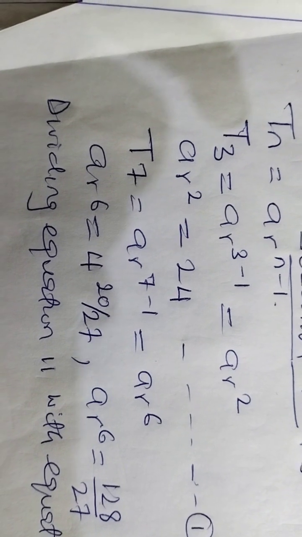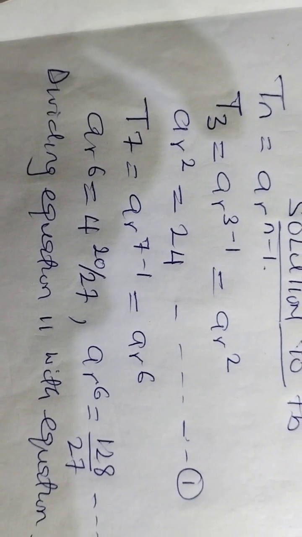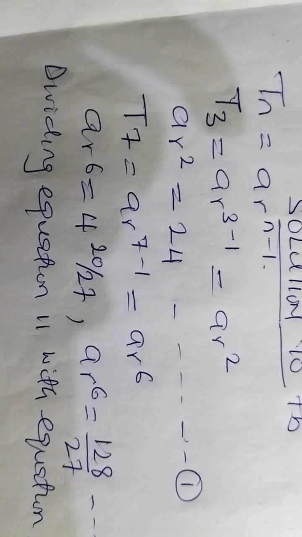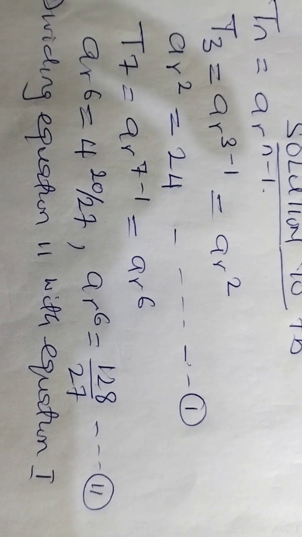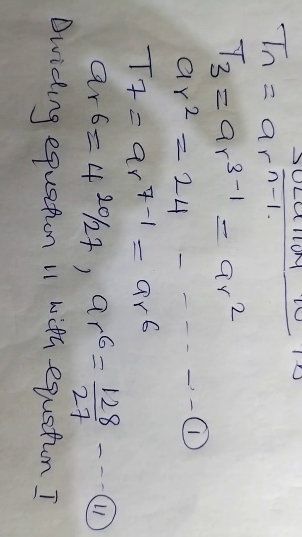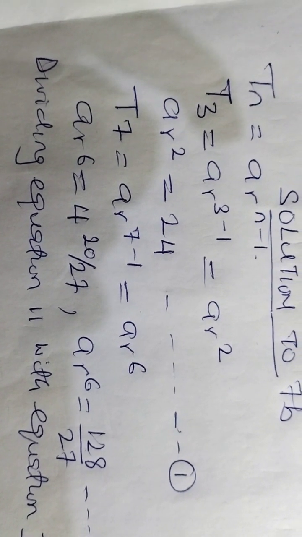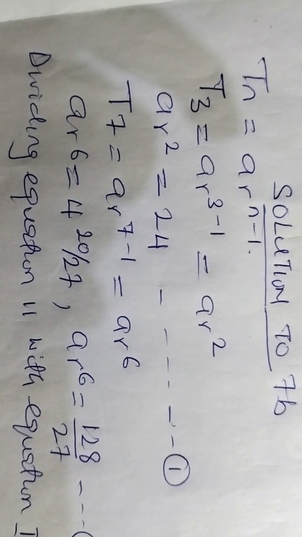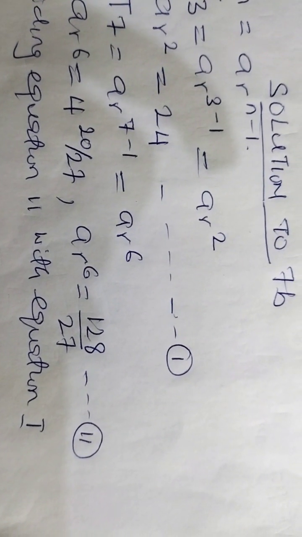Then A R to the 6, which represents the seventh term, is equal to 4 whole number 20 over 27. Converting that to an improper fraction, 27 times 4 gives us 108, plus 20 gives us 128. So we now have A R^6 equal to 128 over 27.